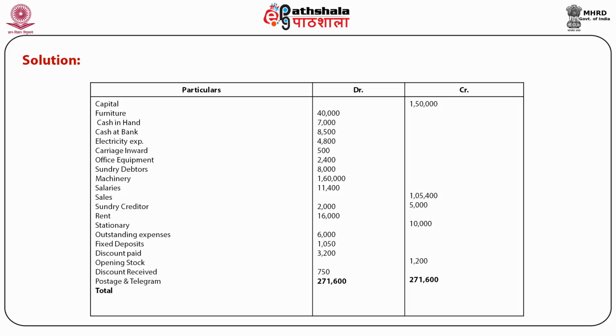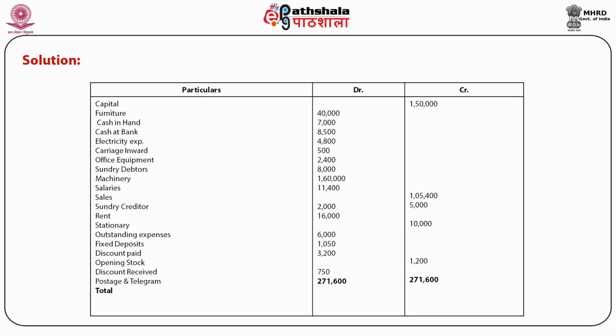Now, when these columns are totaled, we can see that the total of debit side and credit side match. It makes clear that there is no error and these accounts or transactions are complete according to the double entry system, and there is no arithmetic mistake or error.